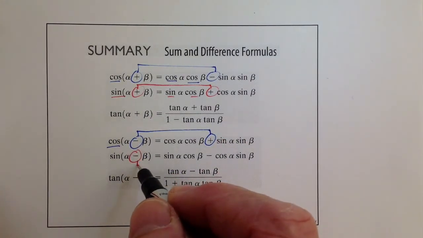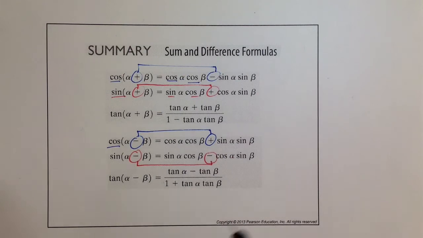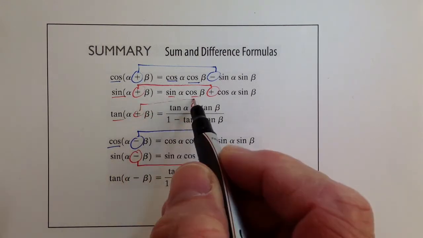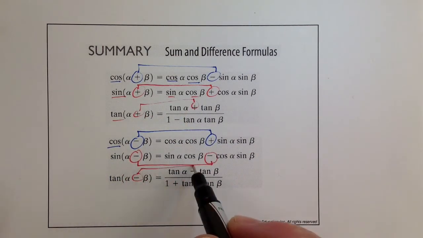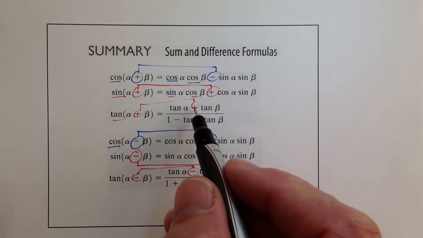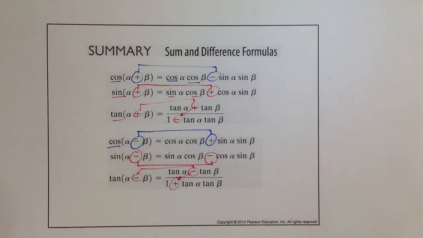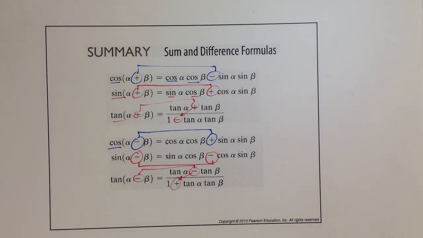So signs are the same for the sine function, and the tangent, just like the sine, plus plus here, minus minus here, and then the opposite. So anyway, after we use these formulas for a while, they become pretty easy to remember. I actually remember the sine and cosine ones better than I remember the tangent one. Addition and subtraction formulas, but nevertheless you will find that they're not that difficult to remember.